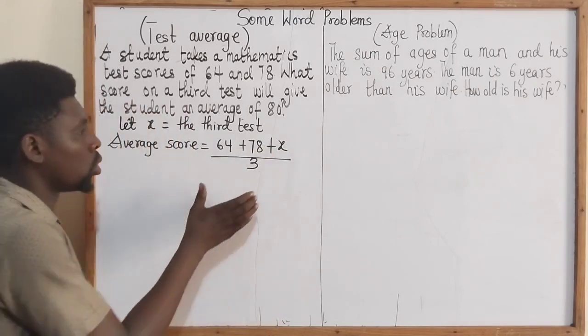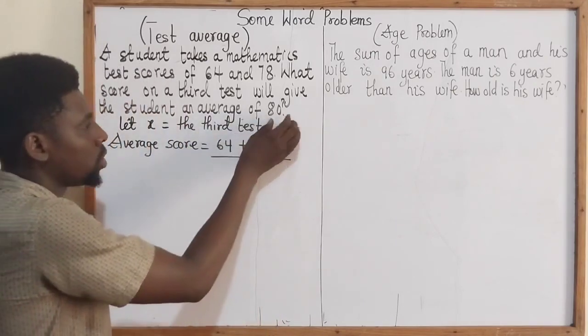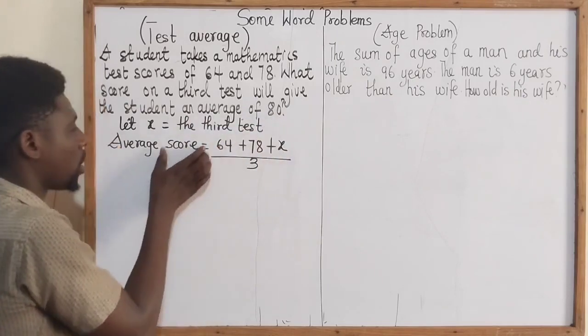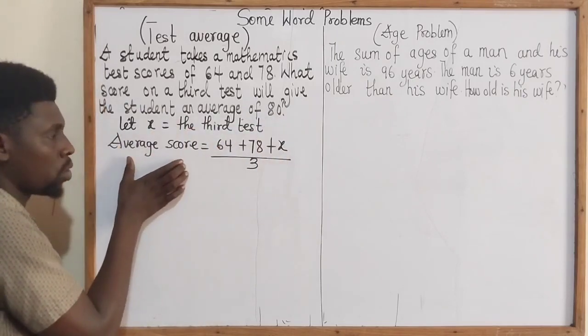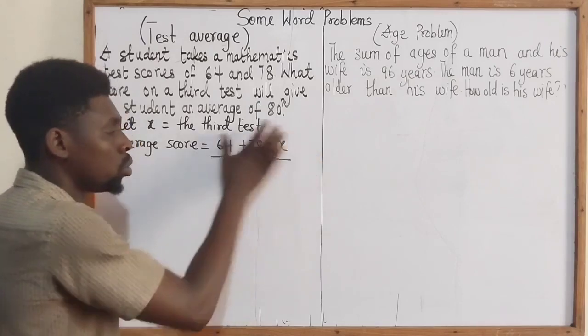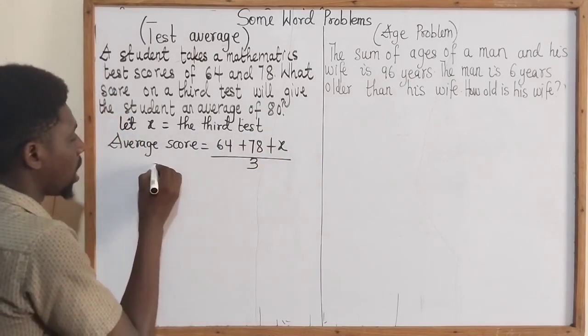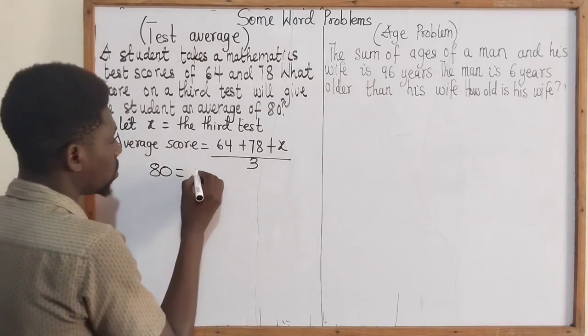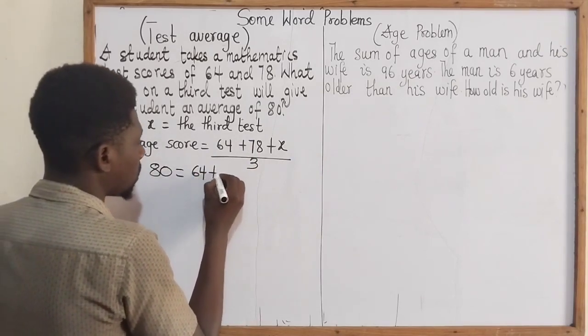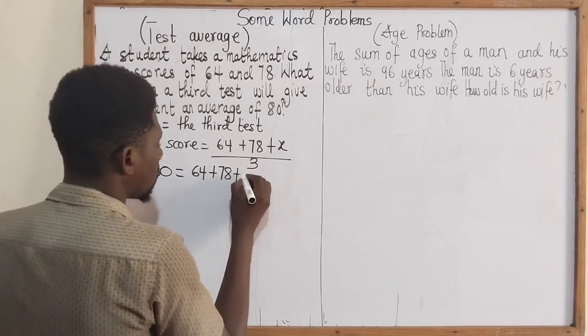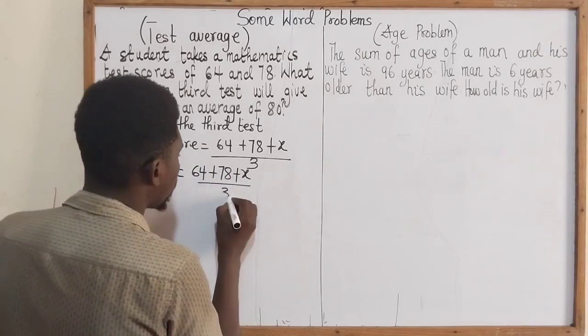Okay, so the average score is given to us as 80. So I replace it over here and equate it to the mathematical sentence here. So I'm going to have something like 80 is equal to 64 plus 78 plus x all over 3.